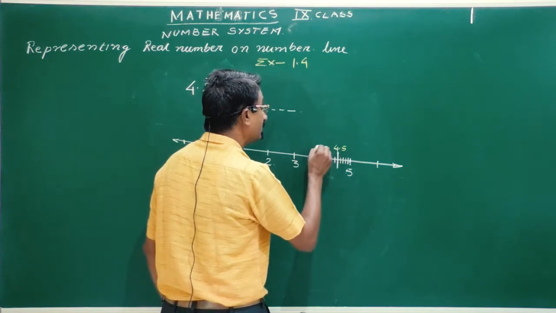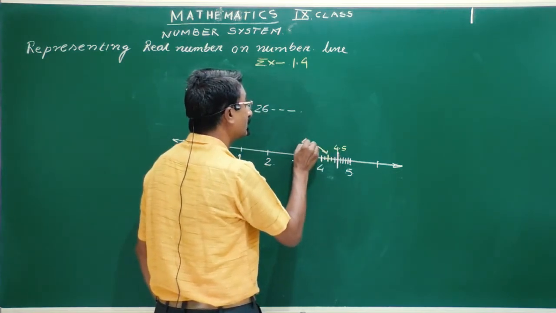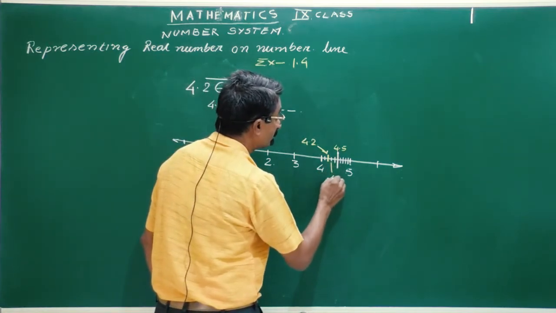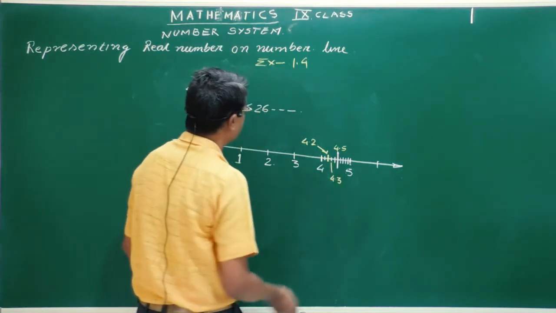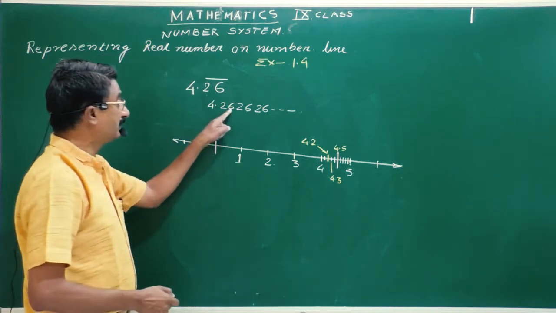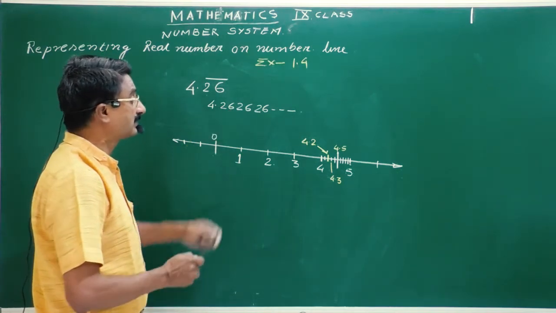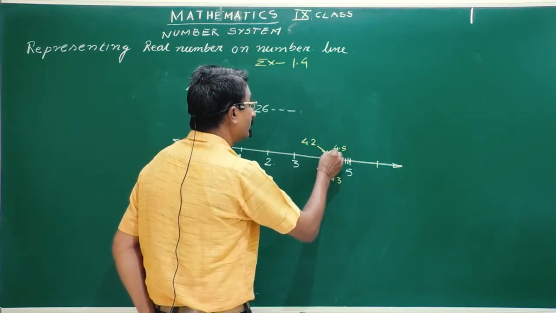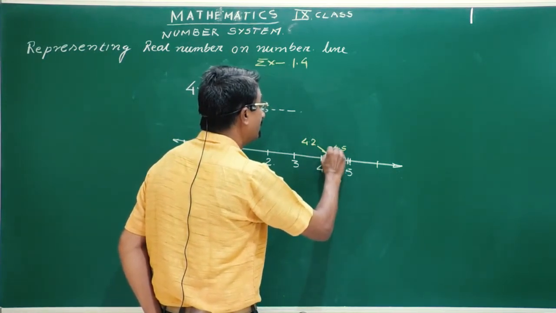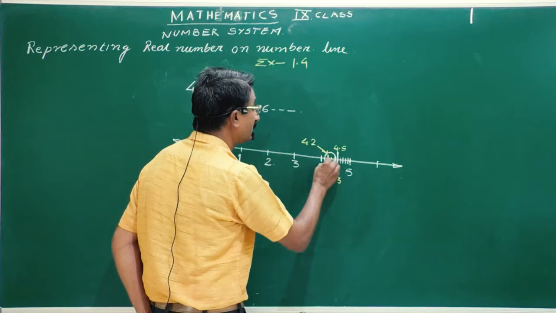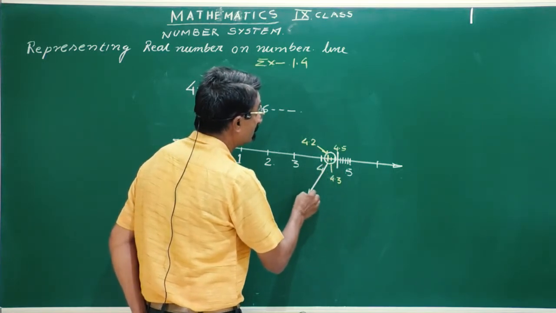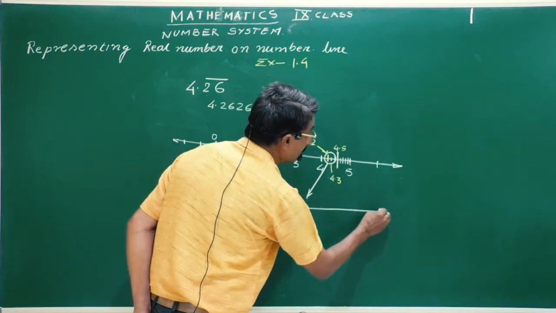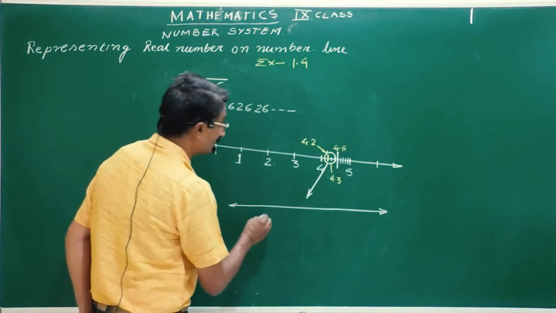This is 4.2 and this is 4.3, because we need 4.26. 6 is our next decimal digit. So we have to magnify this part and again distribute it into 10 equal parts. Again the process is the same.